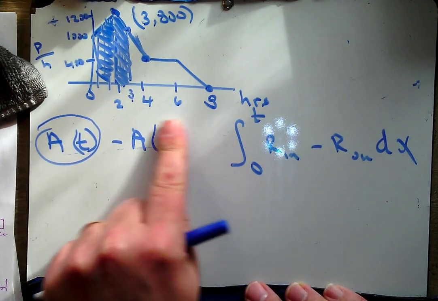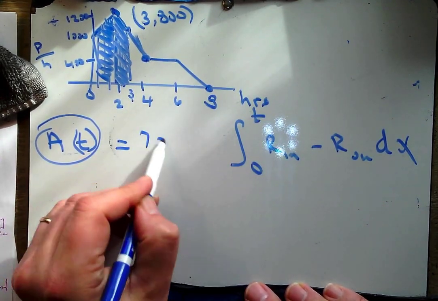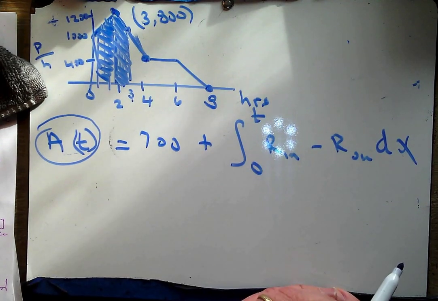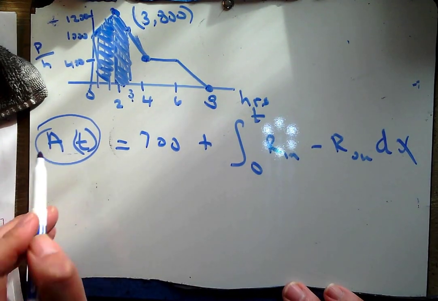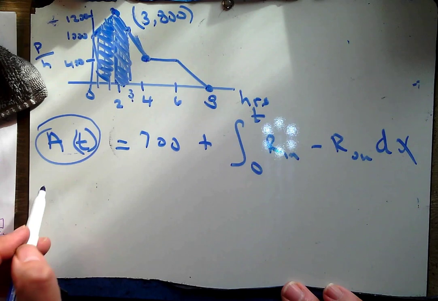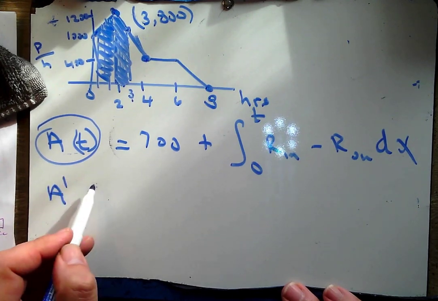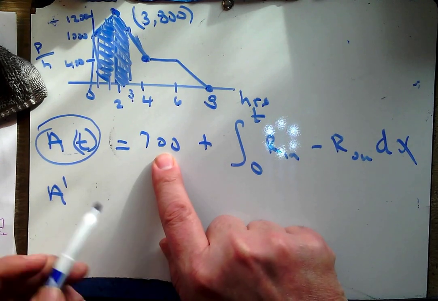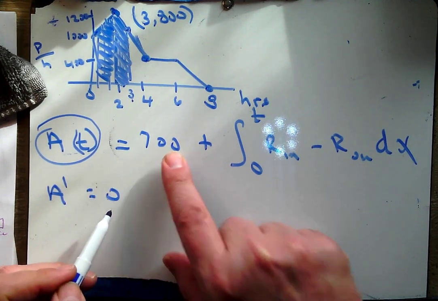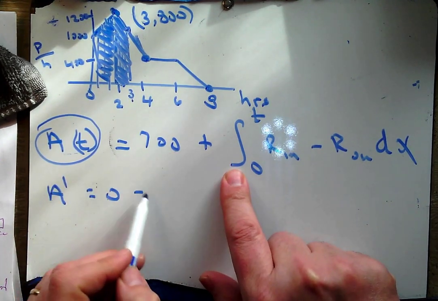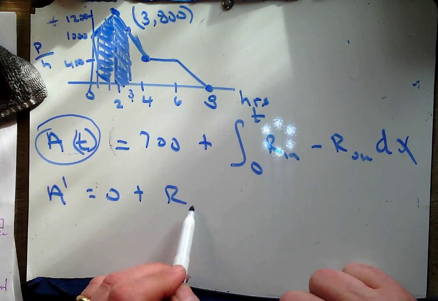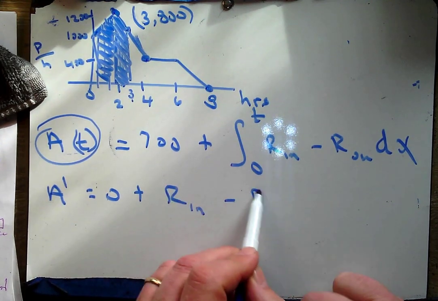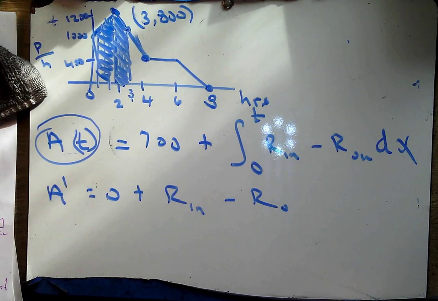So now I could rewrite this as 700 plus this integral. Now I want to know if the amount of people is increasing or decreasing, so I want to look at A prime. That means I need to take the derivative here. If I take the derivative of this number, I get 0, and the derivative of this integral is just going to be r in minus r out.